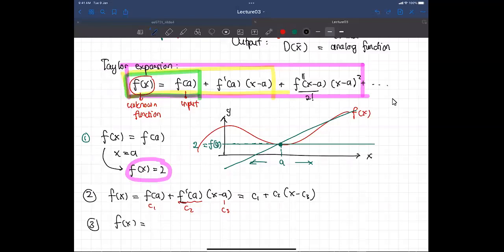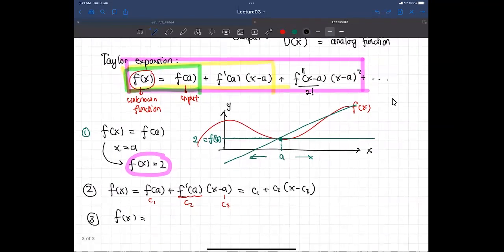But if I write it in terms of the constants, C1 plus C2 multiplied by (x minus C3), plus the third term. Because the second derivative is given to you, it has become C4, right? Divided by 2 factorial is still C4. And then multiplied by (x minus C3) squared.